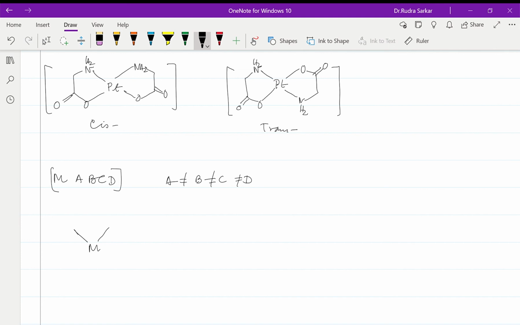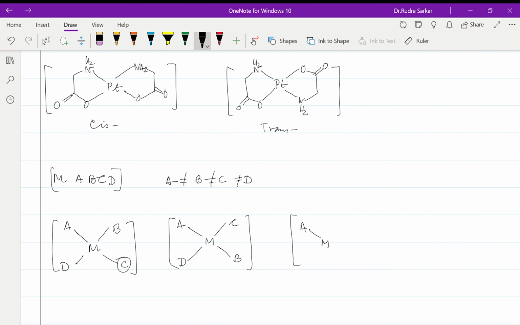How do we find out? You keep the position of A fixed, write B, C, D. In the next step, keep the position of A fixed and keep switching. If C out here is trans to A, then you make B out here trans to A.